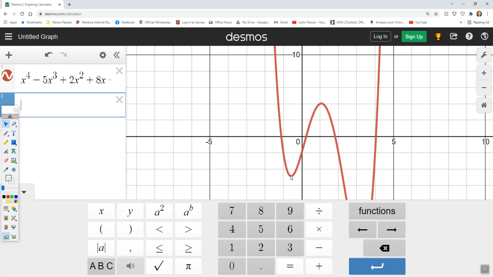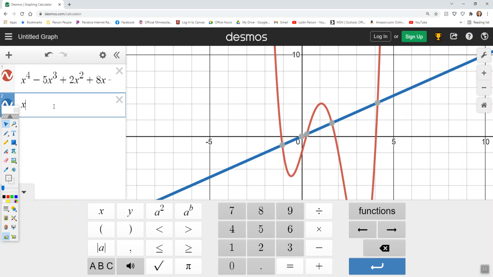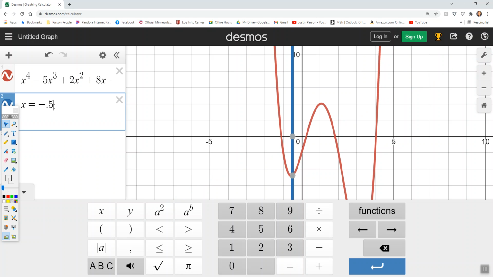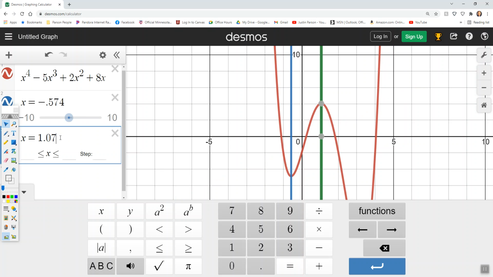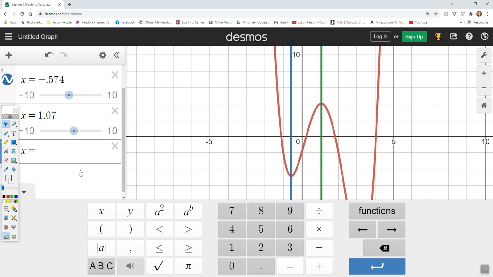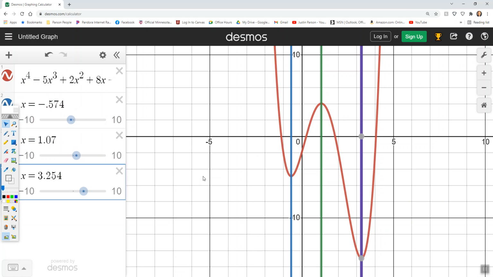X equaled negative 0.574. Okay, what was the maximum at? X equaled 1.07. Okay, and then what was the other minimum at? X equaled 3.254. Okay, this helps me a lot to see what's going on when I put those lines through those peaks and valleys.